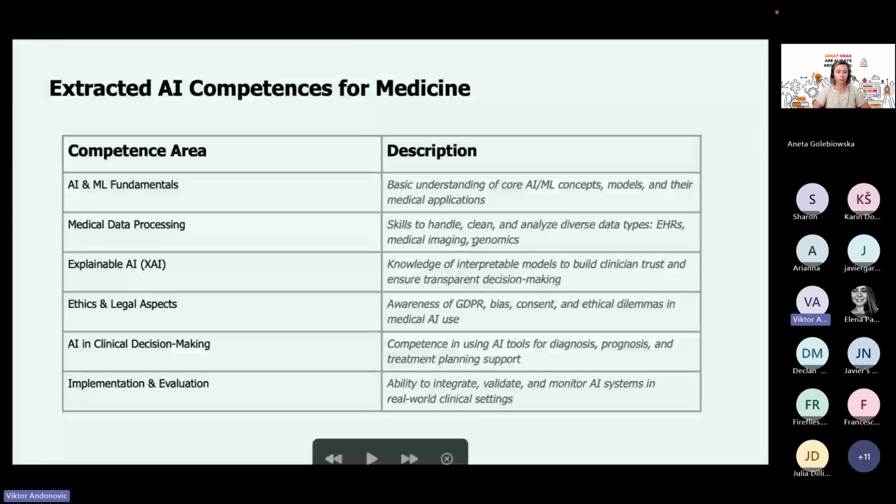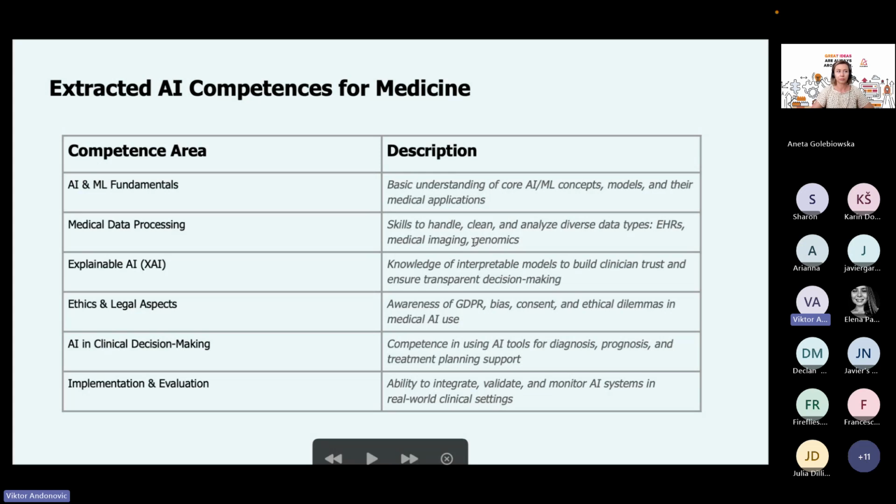And last but not least, implementation and evaluation. Of course, the experts in AI will be able to implement the system, but the real evaluation comes from the medicine professionals, because they are the ones that are intended to use those models and systems, and they need to evaluate the real benefits and the important things that this model does for them in the process.